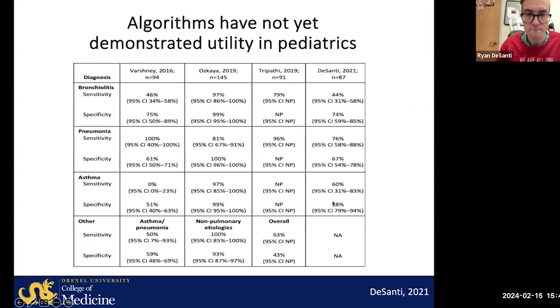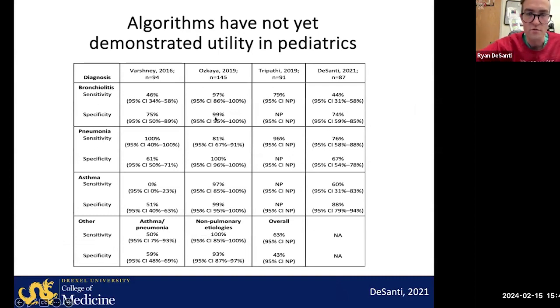But so far, most of the studies which have just looked at lung ultrasound in order to try to differentiate the cause of respiratory distress and failure have generally shown lower sensitivity and specificity compared to what has been shown in the adult studies and the neonatal studies.